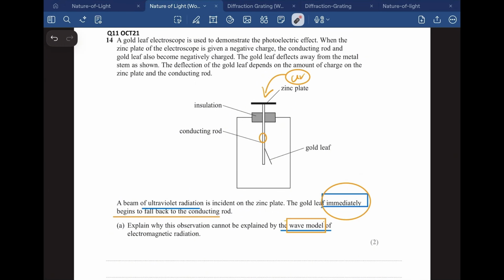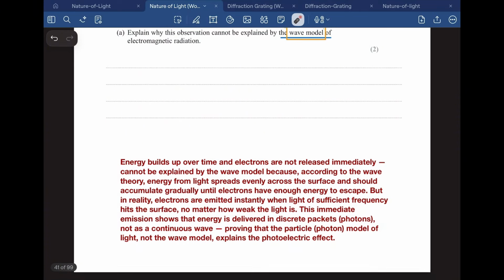But in the wave model, the energy will be spreading over the zinc plate. Then there will be a build up of energy in the zinc plate, and it takes time for that energy to build up. When that energy has built up, at that time the electrons will be emitted. So it is not emitted immediately, it takes time for the energy to build up. That is the difference between the wave model and the photoelectric effect.